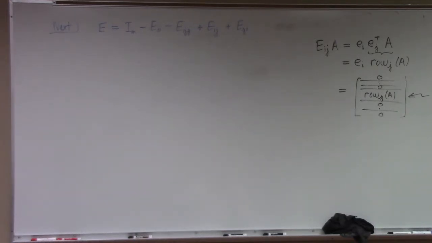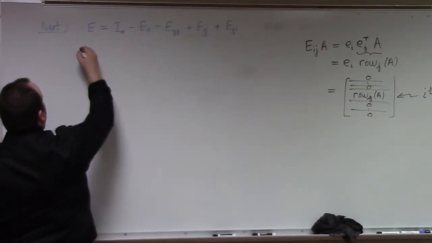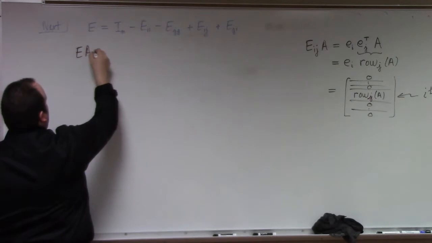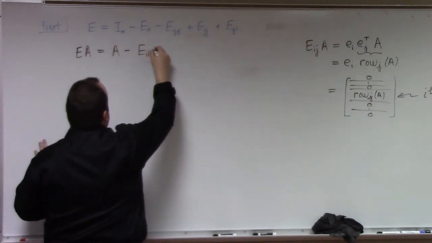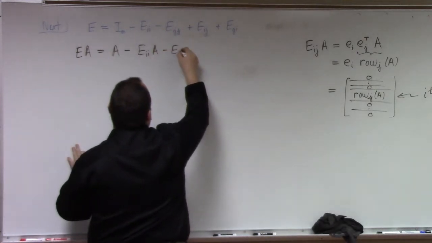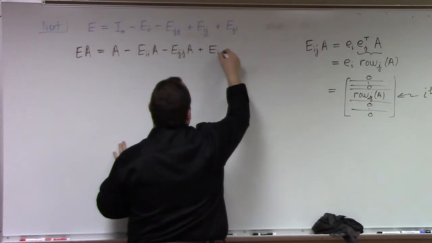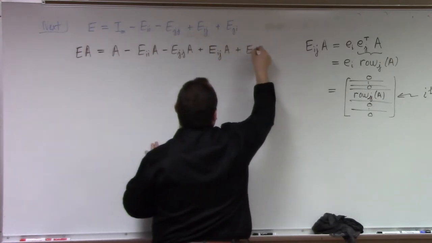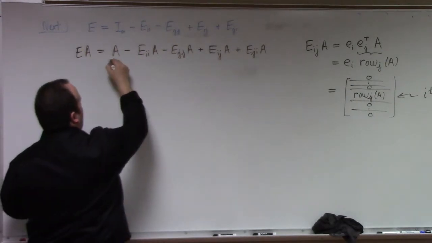So I think if you understood this one, you'll understand this one without too much trouble. So E times A: you've got A minus E_ii A minus E_jj A plus E_ij A plus E_ji A. So what's the net result of this?